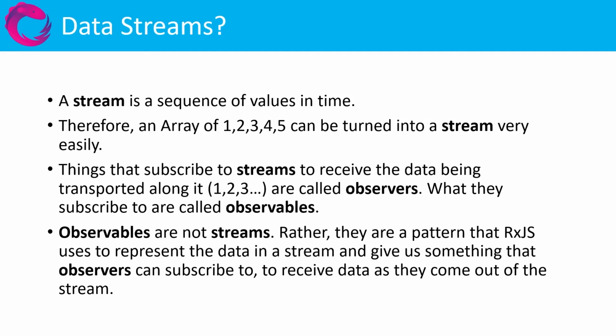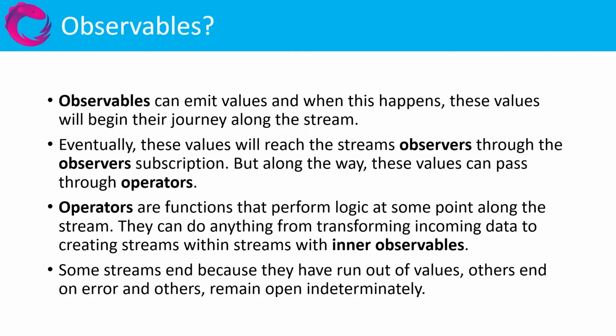Rather, observables are a pattern that RxJS uses to represent the data in a stream and give us something that observers can subscribe to receive data as they come out of the stream. Now, data begin their journey in the stream when they're emitted by observables, and eventually these values will reach the stream's observers through the observer's subscription.